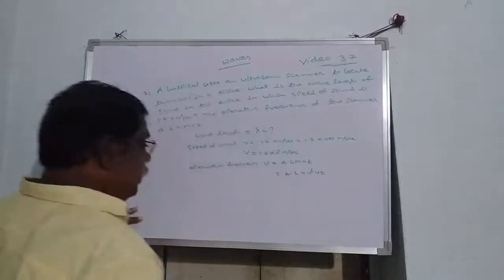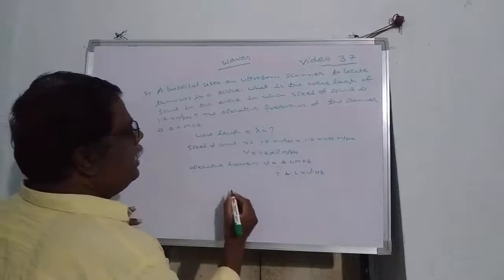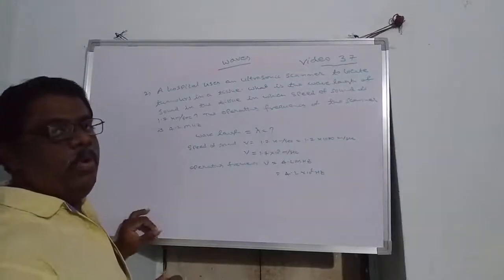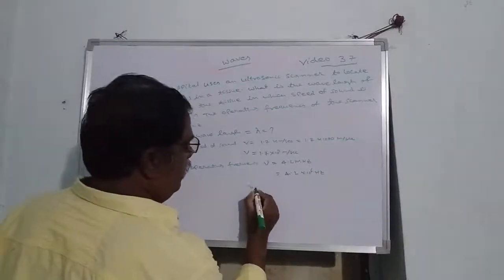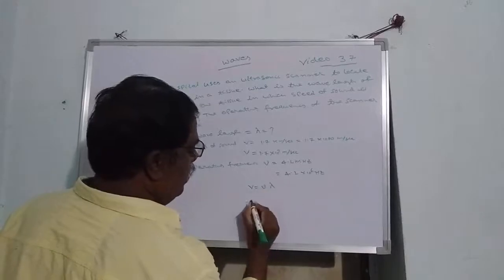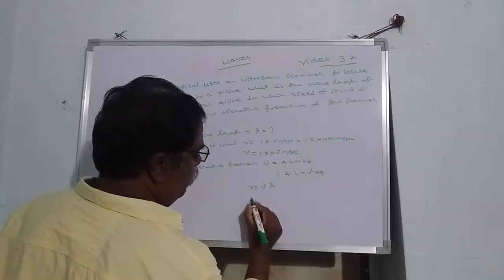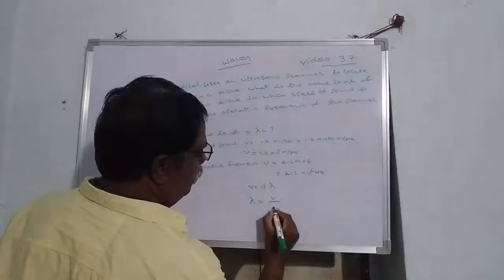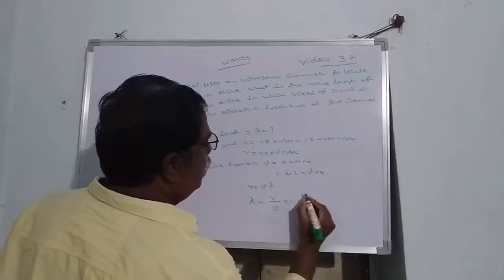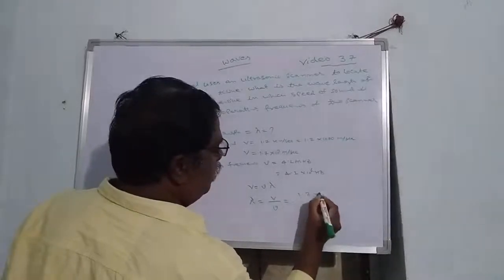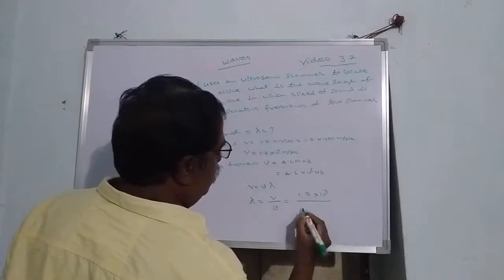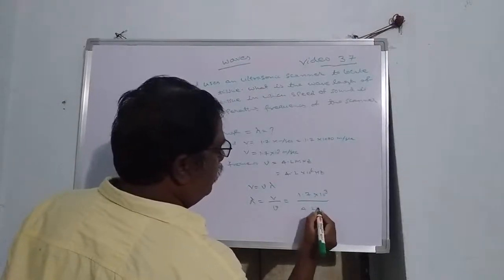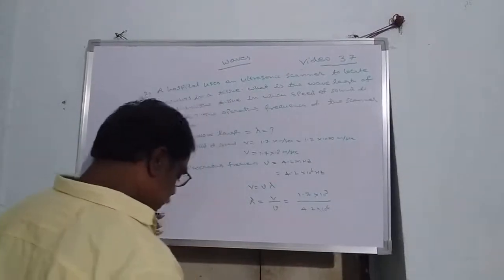Okay. So then, what is the relation between V, mu and lambda? We know that V is equal to mu lambda, or lambda is equal to V by mu. V value, they have given 1.7 into 10 cube. Mu value 4.2 into 10 power 6.